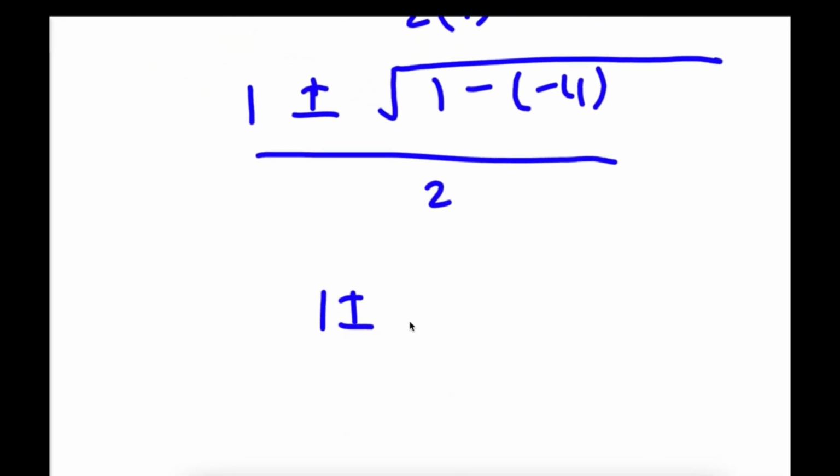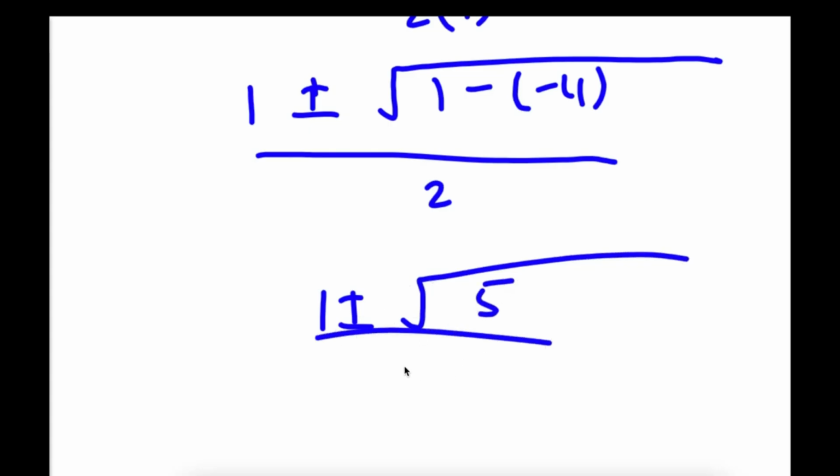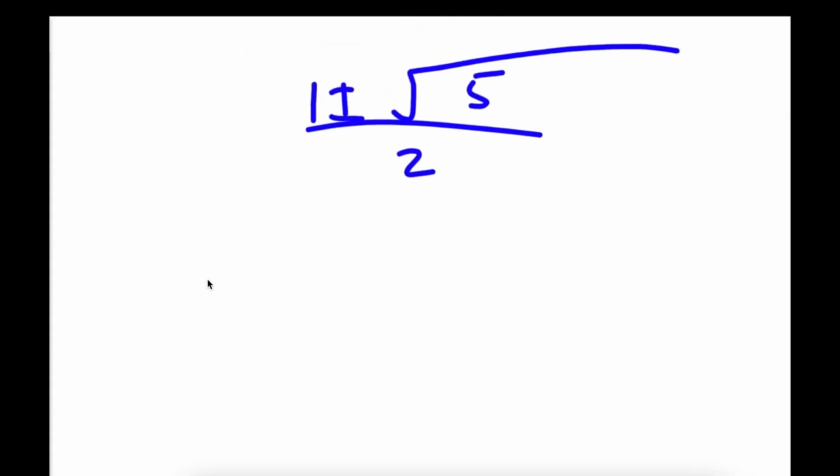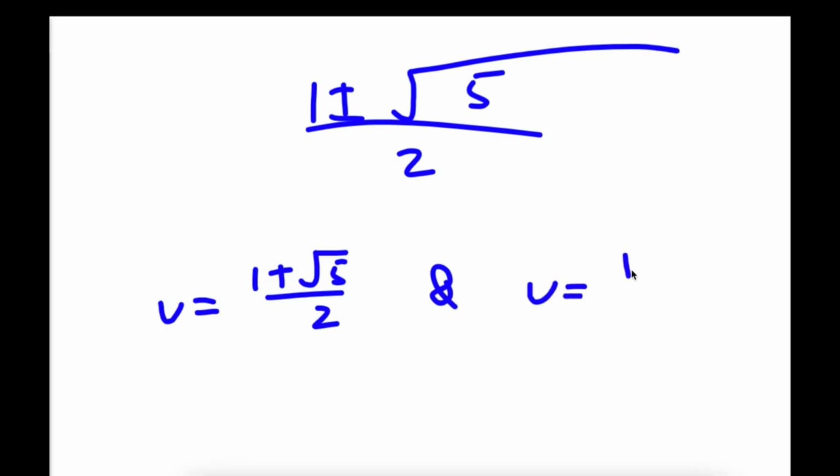Now this is equal to 1 plus or minus the square root of 1 plus 4, which is 5, over 2. So this gives me two solutions. I have u is equal to 1 plus the square root of 5 over 2, and I have u is equal to 1 minus the square root of 5 over 2.